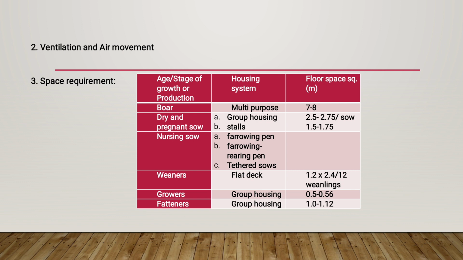And, may possibility na mag-aagawan sila ng food. Meron yung tumataba dahil sila lang yung kumakain, then meron yung payat kasi nga hindi siya makaagaw ng pagkain. So we should provide the right space requirement for every stages of pig. We should follow the different space requirement.